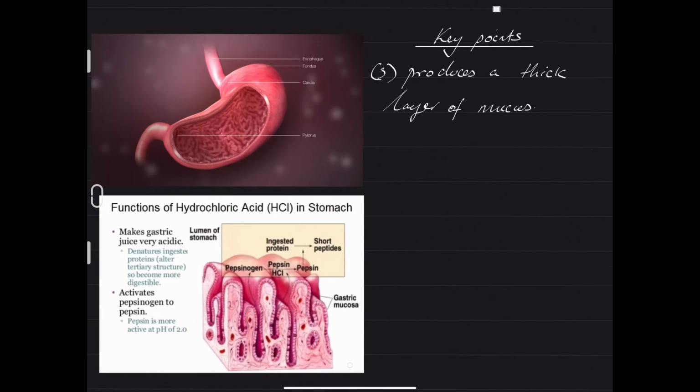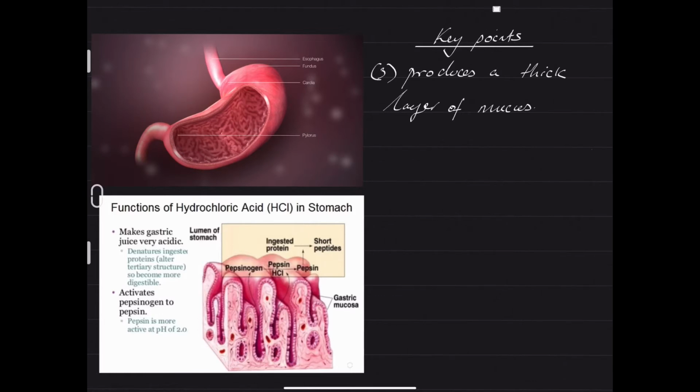Now you can see here, on the lower diagram, it's got here gastric mucosa. Now the mucus is secreted by specialized cells in the stomach. Do not confuse this picture with the microvilli that you will find in the small intestine. It looks similar, but do not confuse it with that.